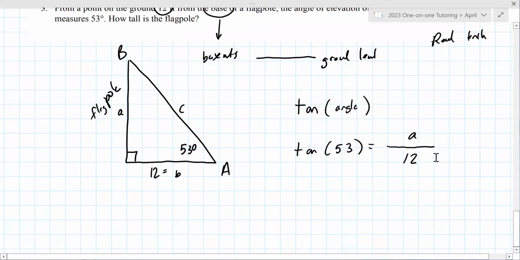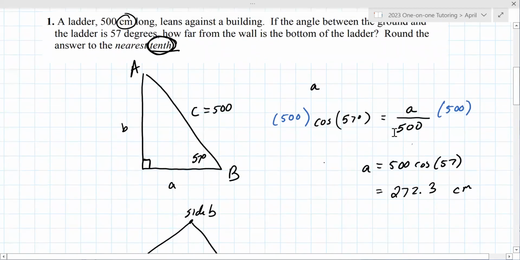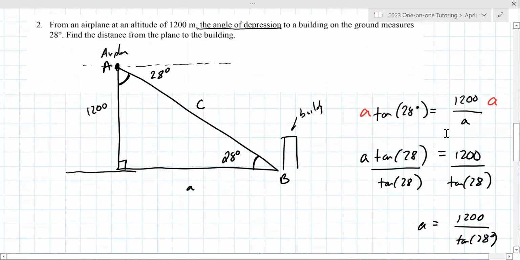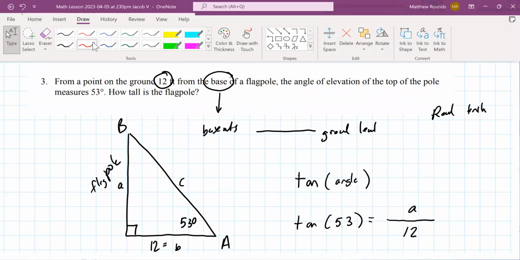Everything you just said is not correct. Let's go back and look, because we did one just like this earlier, where the number was on the bottom. How did we clear it? We multiplied on both sides, undoing division with multiplication. Here you're dividing by 12, so you multiply both sides by 12.